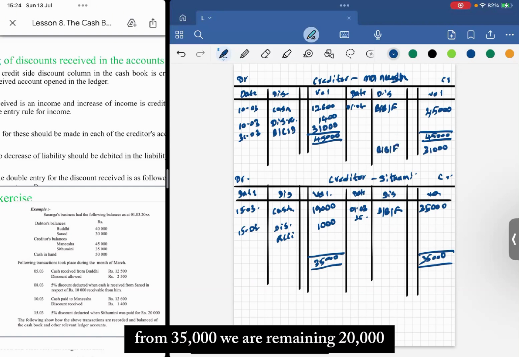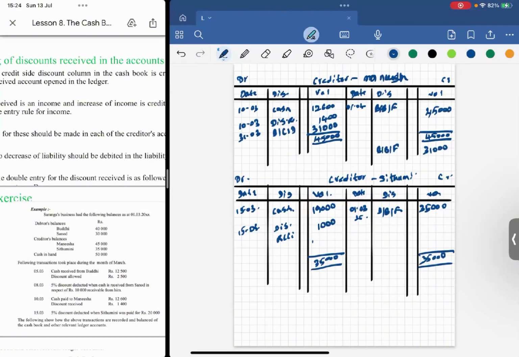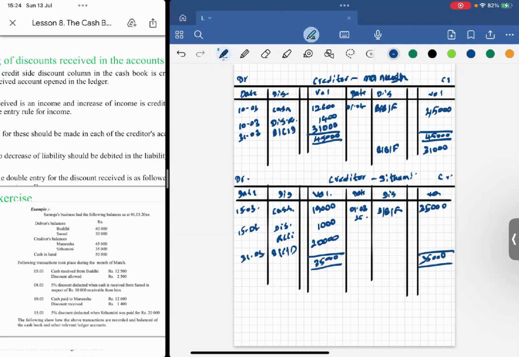Here from 35,000, we deduct 20,000. Okay. Balance carried down on 31st.